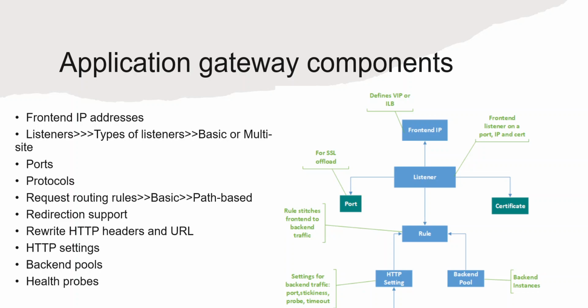If you are configuring an application gateway, you must add at least one listener, or there could be multiple listeners attached to an application gateway. Once the listener detects the incoming request from the client, the application gateway will route this request to the backend pool as per the configuration in the rule.